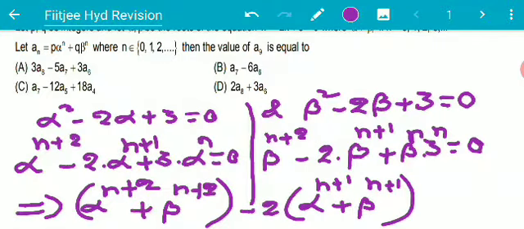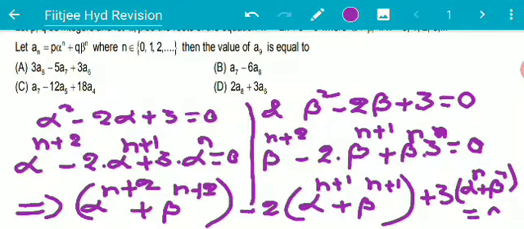And here I am taking 3 common, that is alpha power n plus beta power n equals to 0. Okay, this I got.